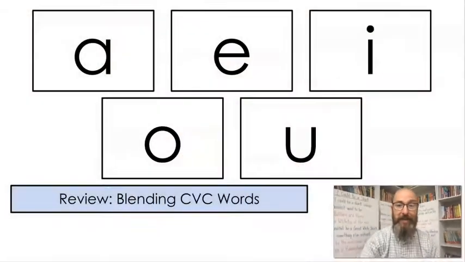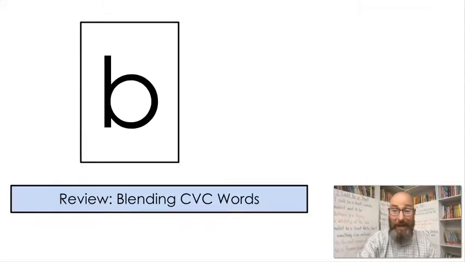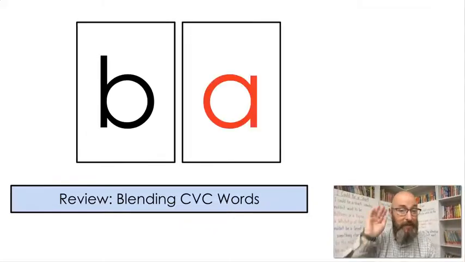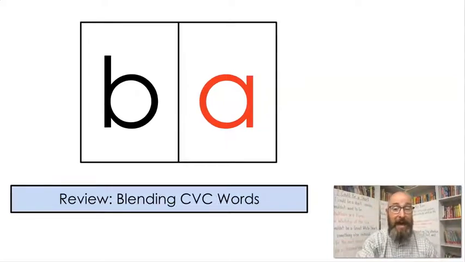Now let's practice blending a few words with those short vowel sounds, those CVC words. I'm sure these are going to be easy for you, but I still want to practice. So let's get started. All right, you ready? Sound: B. Sound: A. Hold that together. Bat.